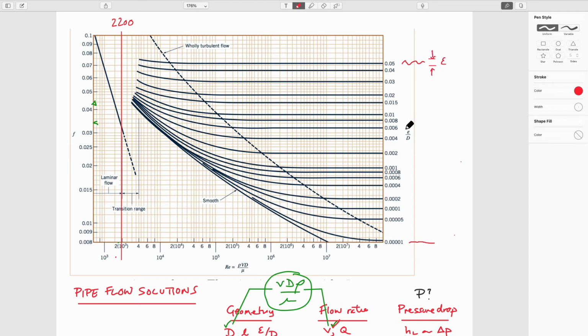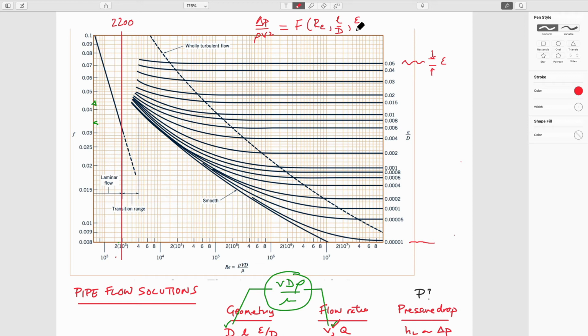It's indexed relative to the diameter of the pipe. And I guess the other thing which might be worthwhile mentioning is that we're relating a pressure drop as a function of Reynolds number, length over diameter, and relative roughness. We talked about dimensional analysis, right?